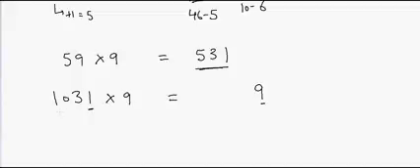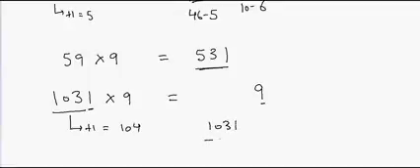Then I have 103, so I add 1 to it. That will be 104. And then I have to subtract 1031 minus 104. This could be a little tricky for some people, but if you look, it's not that hard. It's 927. So the answer will be 9279.